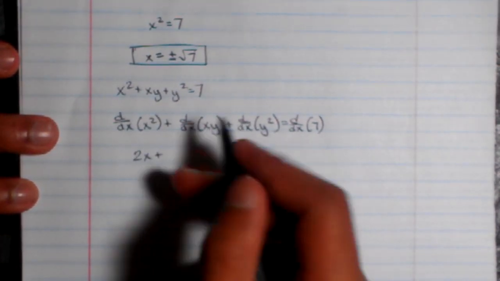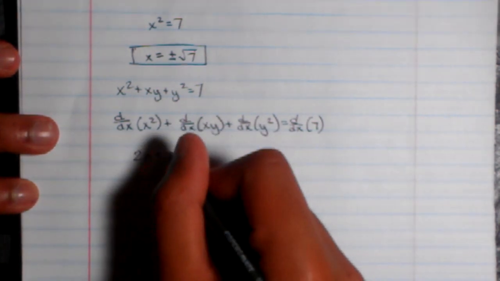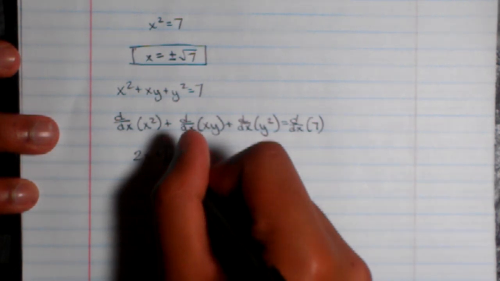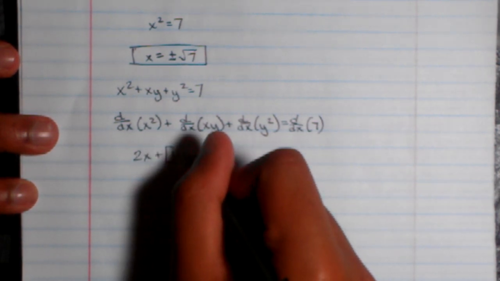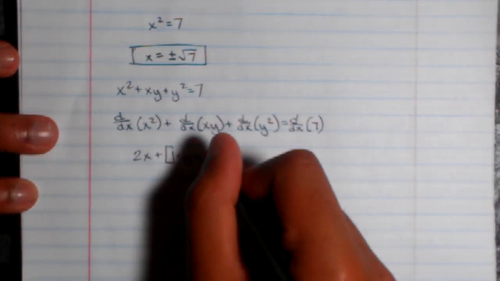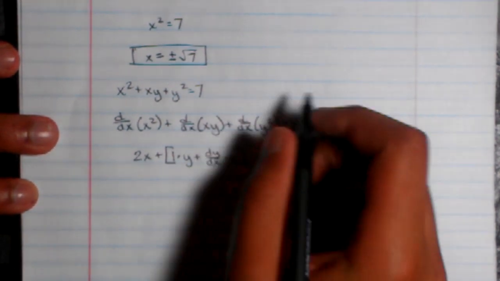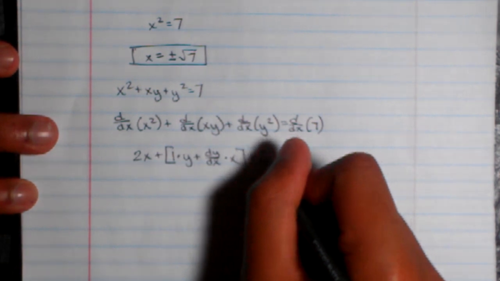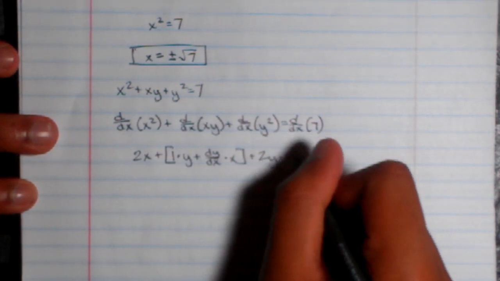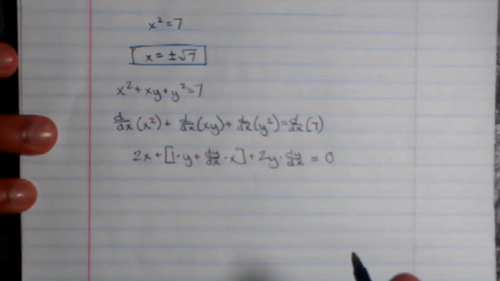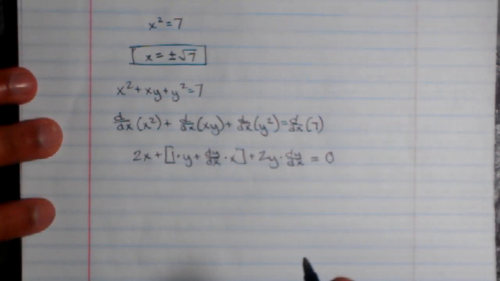The derivative of xy, we have to use the product rule. And so the derivative of x would be 1 times y plus the derivative of y, which is dy over dx, times x. And now the derivative of y squared is 2y times dy over dx. And the derivative of 7 is 0, because the derivative of any constant is 0.